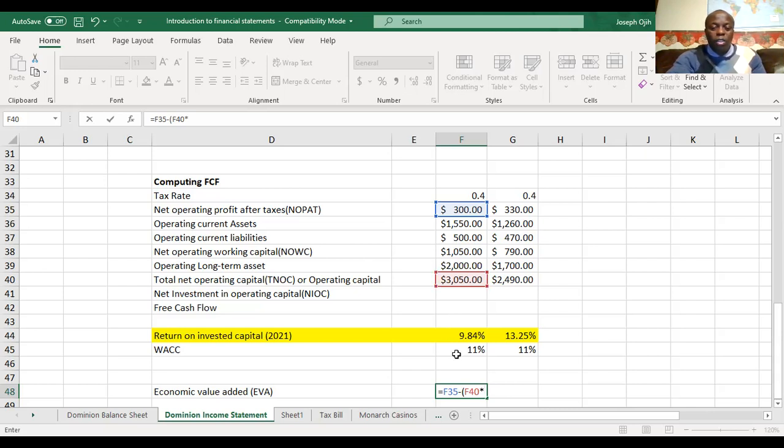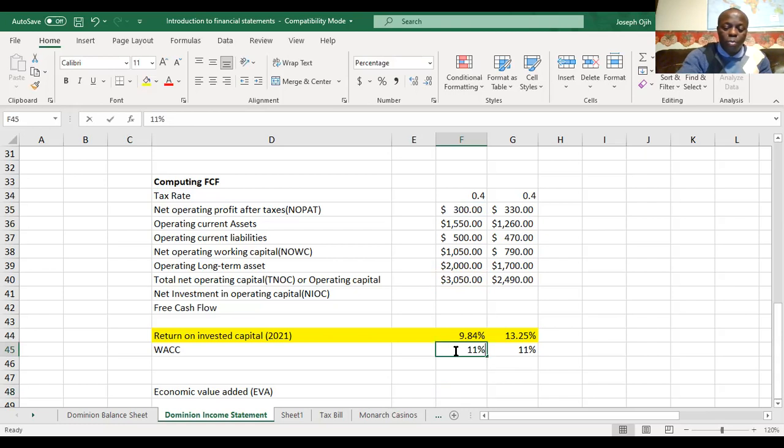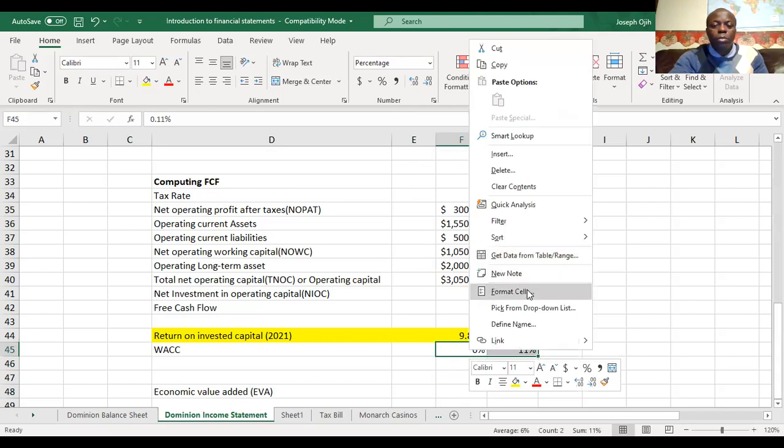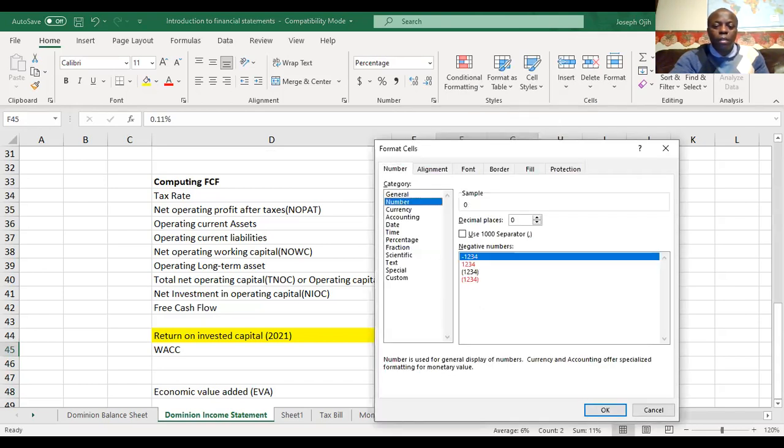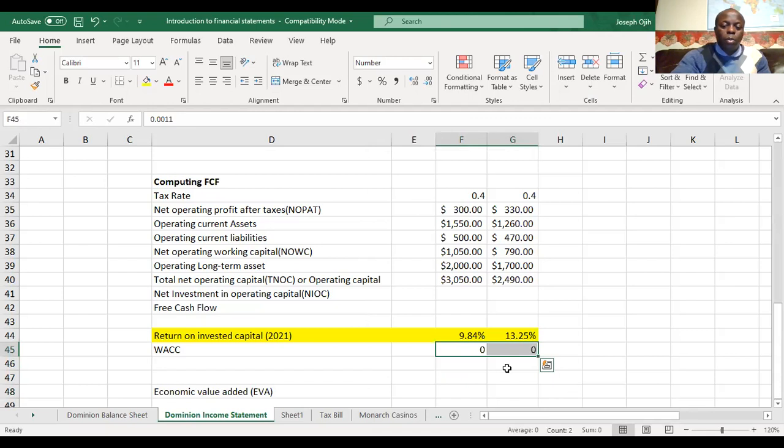Now, I have to change the cost of capital to decimal, because if you use it the way it is written here, it will overestimate the value. So make this 0.11, that means 11%. I have to reformat this section to numbers. 0.11 here, which is the cost of capital.